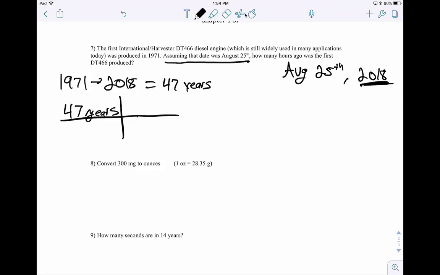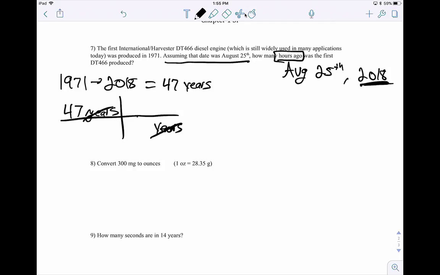And so think about it. It's easy to go from years to days to hours, right? But we don't want years, we want hours. So we need to write years in the bottom here, and that'll cancel it out because, again, years is not a desired unit.